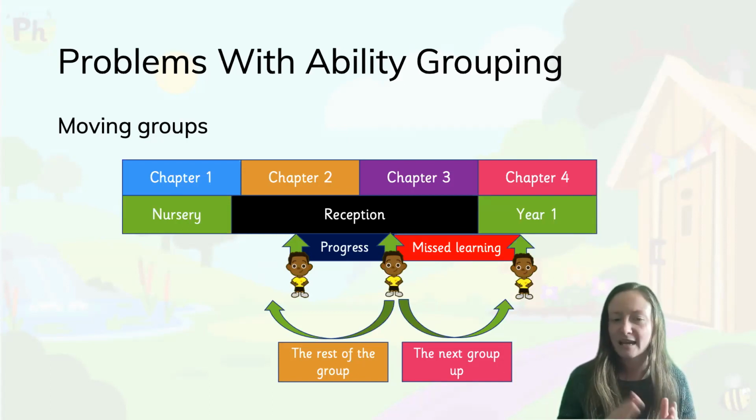And the next group up is already continuing into chapter 4. So what about this child that's in the middle here? Does he go back with the rest of the group and do it all again, even though he can do it now? Or does he go to the next group up and have a big chunk of missed learning in there instead? And we know there's not an infinite amount of adults and rooms for us to be able to support these small groups that we'd maybe need.